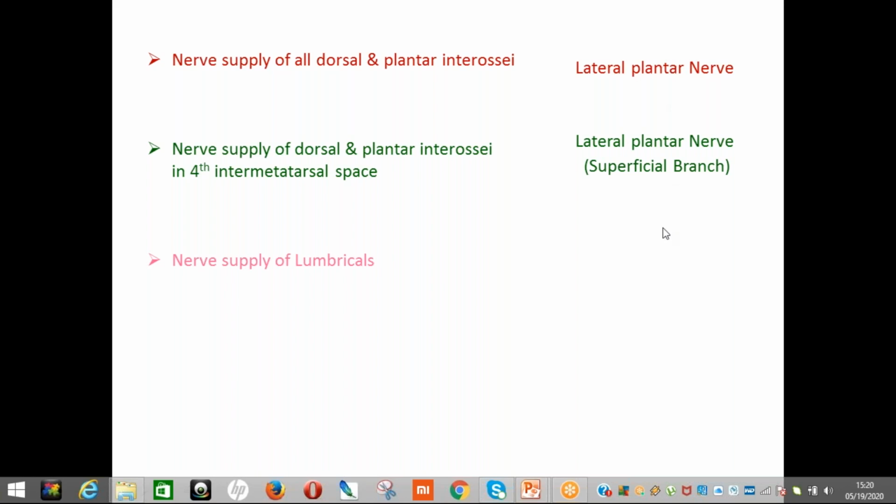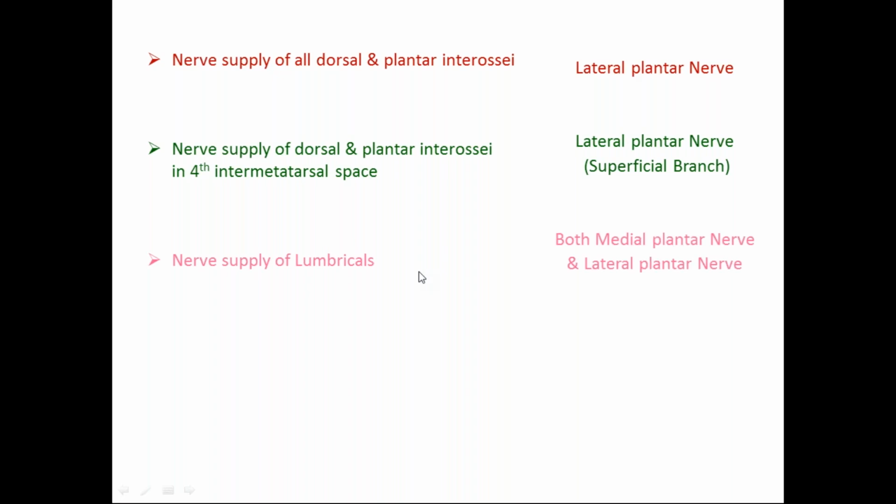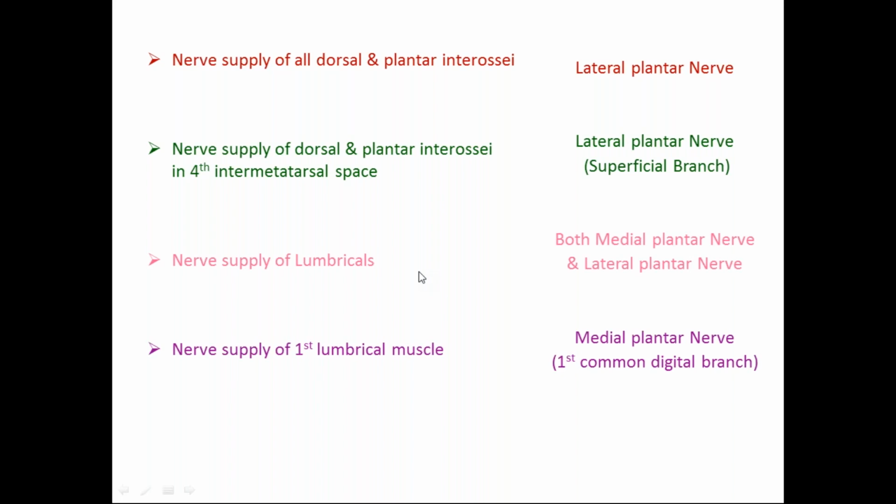So if somebody asks you the nerve supply of the lumbricals, you will say it is supplied by both the medial and lateral plantar nerves. The first lumbrical is supplied by the medial plantar nerve, or the first common digital branch of the medial plantar nerve. The second to fourth lumbricals are supplied by the deep branch of the lateral plantar nerve.